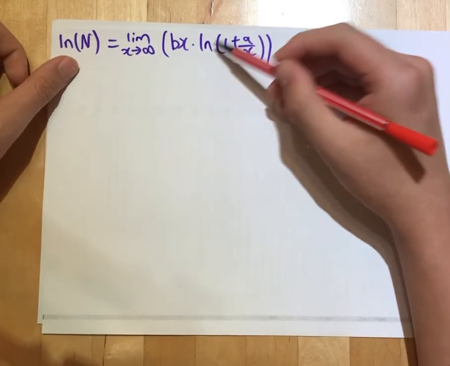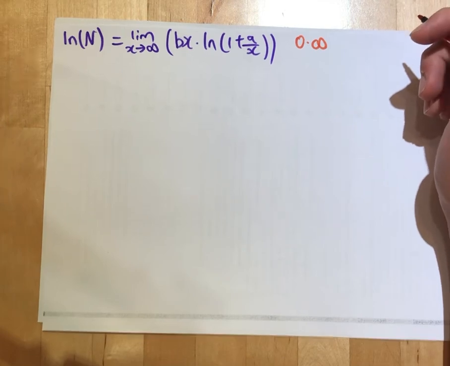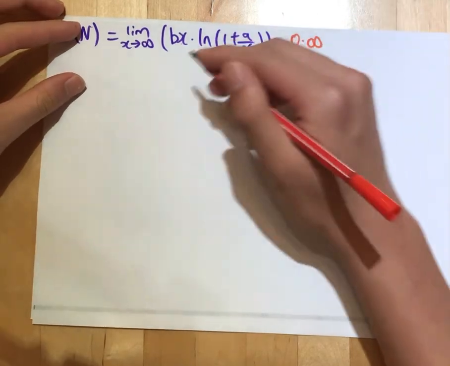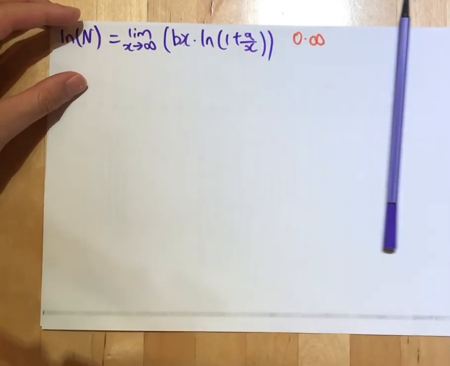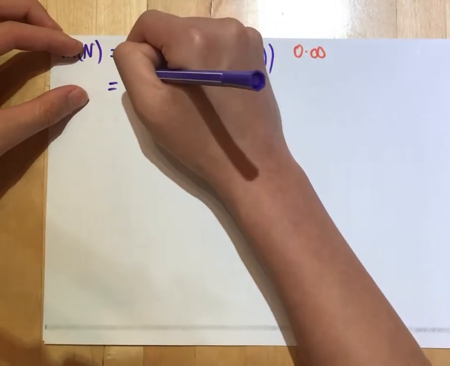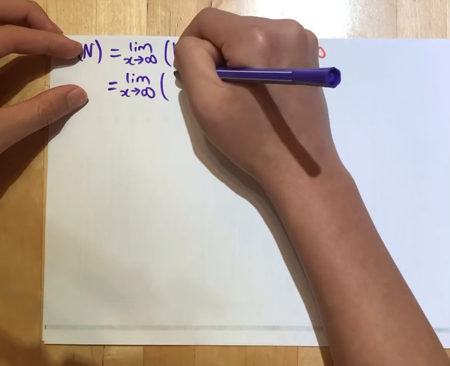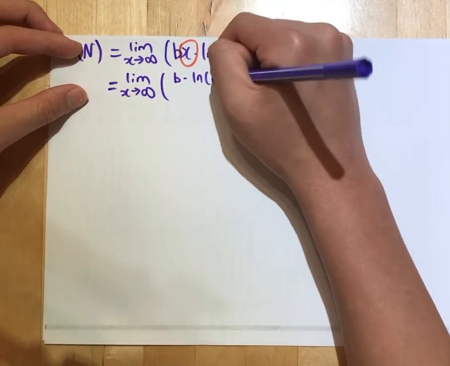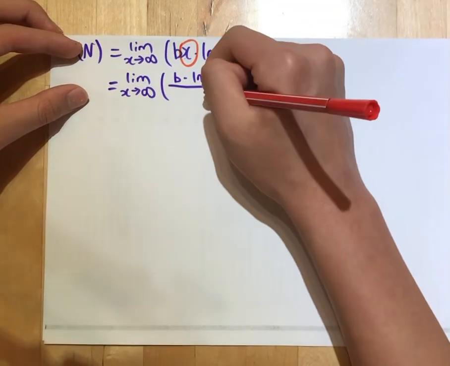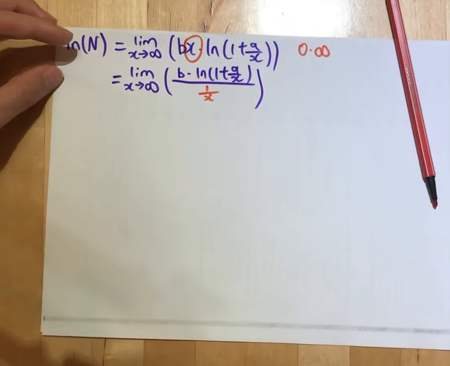Now this x is inside the natural log. If we have a choice, we would like to choose this x. So how can we put this x into the denominator? That's not hard. Normal algebra. We just need to write the x in the denominator with the reciprocal. So this and that are the same. Do you agree?